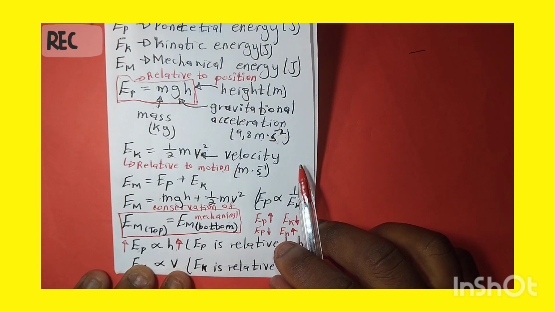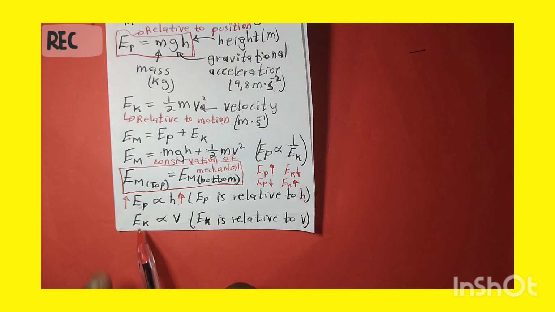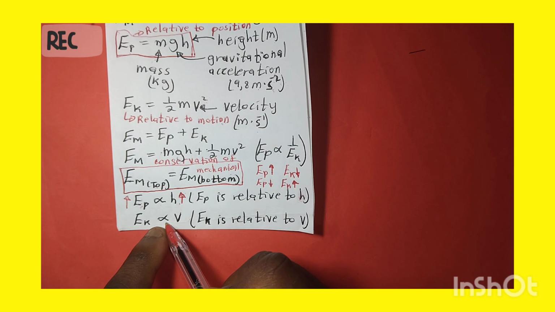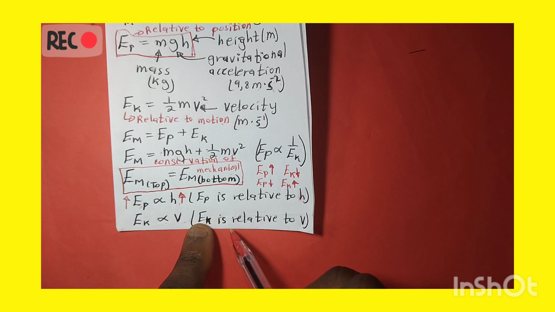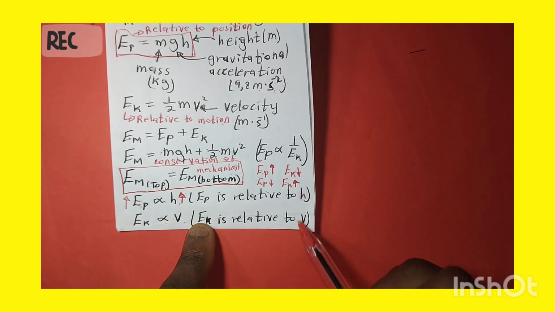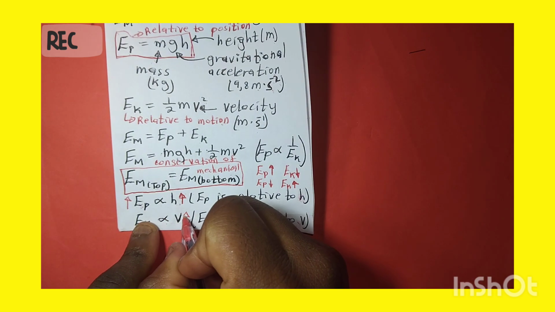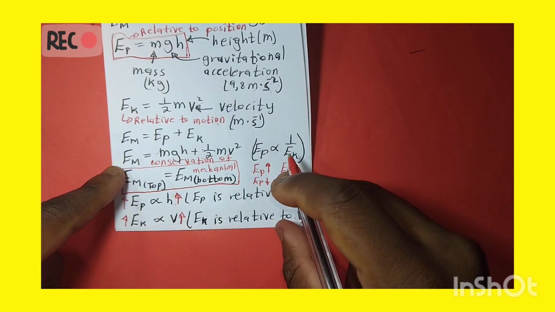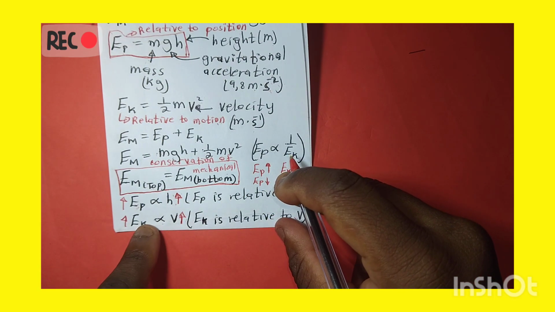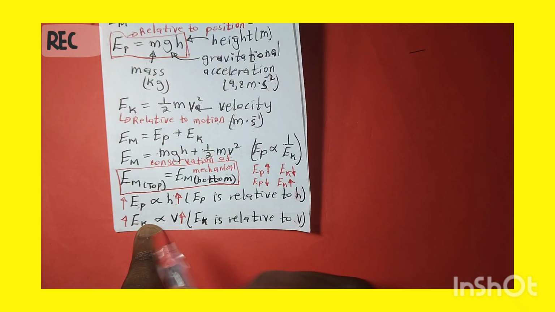Do you see? Yeah. So EK is directly proportional to velocity, meaning that EK is relative to what? To velocity. When I increase the velocity, I'm increasing the what? The EK there. I'm increasing the EK, guys. Please take note of that.